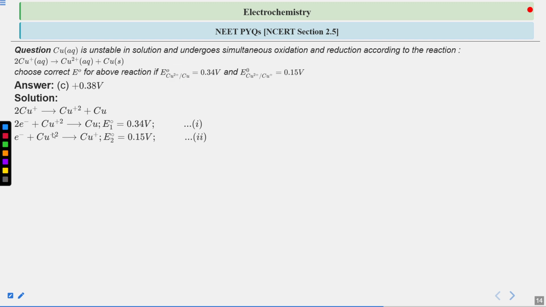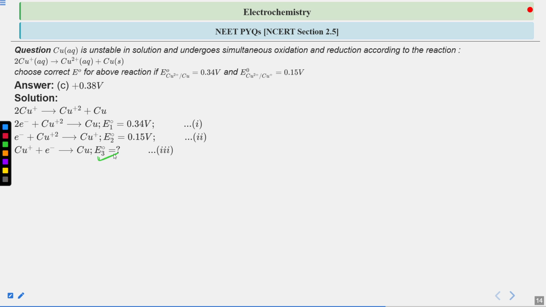Similarly, Cu2+ gaining 1 electron becoming Cu+ has the E naught value marked as E2 naught equals 0.15 volt, as also given in the question. Let's say this is the second equation. Now Cu+ gaining 1 electron becoming Cu, we don't know the E naught value for this.